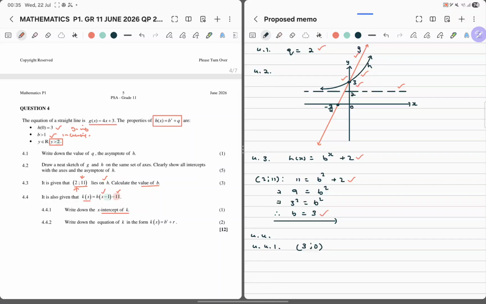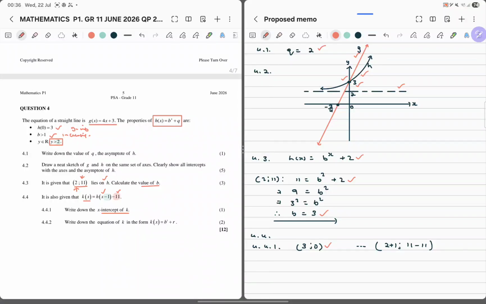Okay, interesting stuff. Right. For those who don't know what I did, I took this point, (2; 11), because obviously if I'm killing the 11, it should be this point that becomes an x-intercept. Now here I'm killing the 11, but I'm also moving it to the right by 1 unit. So if you're moving to the right, you add, and that's how we end up with this.